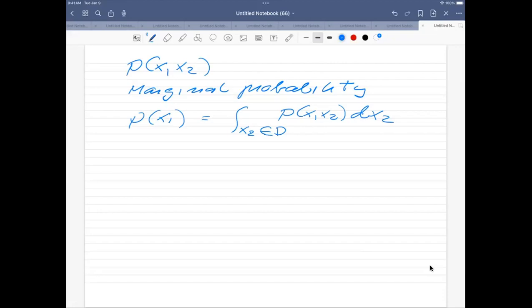This could be a position, it could be something else. Similarly, if we have a discrete probability, then this P of x1 would simply be given by a sum over x2 for all these individual stochastic events which we can have. So this is a definition of the marginal probability.